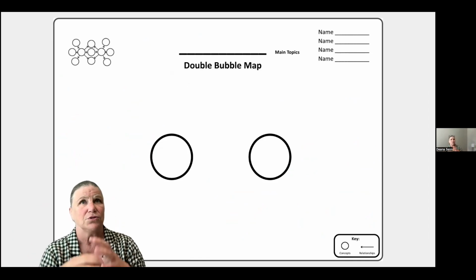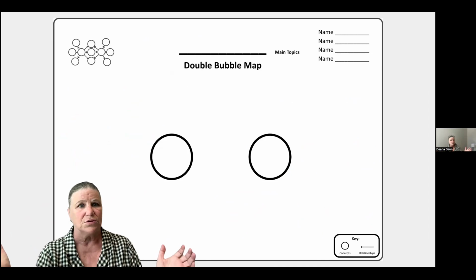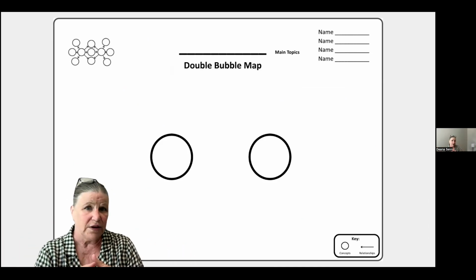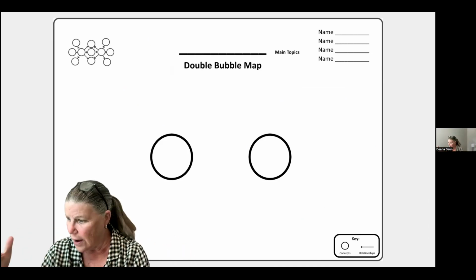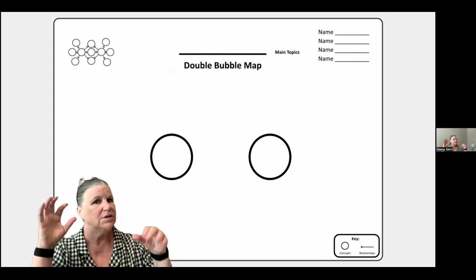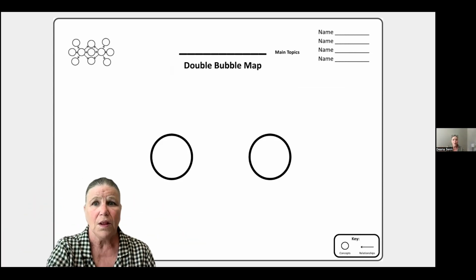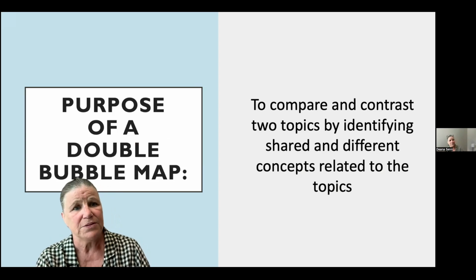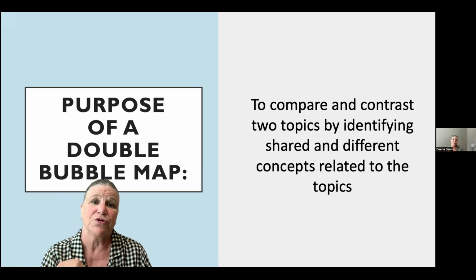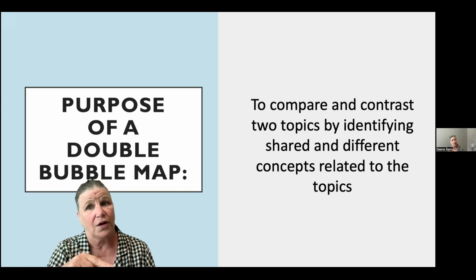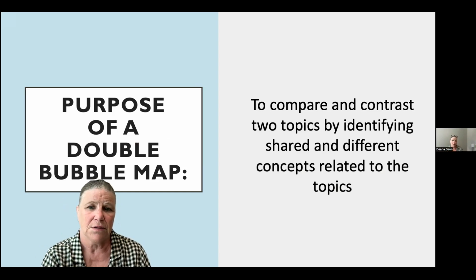Otherwise, if you tell them that there's 3 circles in the middle and 3 circles on each end, they really are just filling in the blank. They're just looking for how many, let me find 3 comparisons, 3 differences, and let's call it done. And remembering that the purpose of a double bubble map is for students to compare and contrast 2 topics, we want to make sure that they're the ones comparing and contrasting.